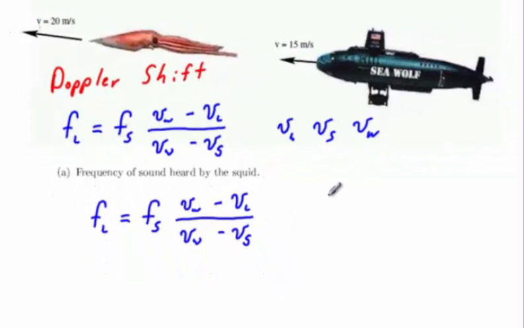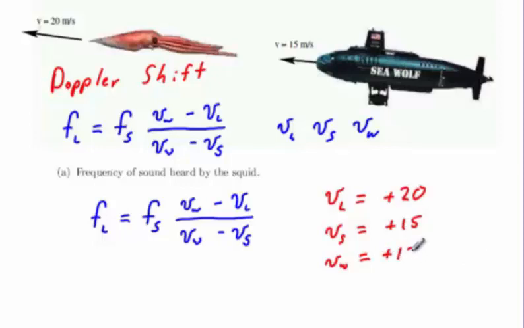What this means is that the velocity of the listener, which is the squid, is in the plus direction and is of an amount 20. The velocity of the source, the submarine, is also in the plus direction, and it is of an amount plus 15. And finally, the velocity of the wave, since in this part of the problem it is going from the submarine toward the squid, is also in the plus direction, and that velocity is 1240.